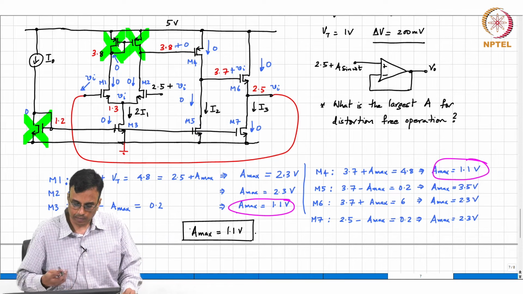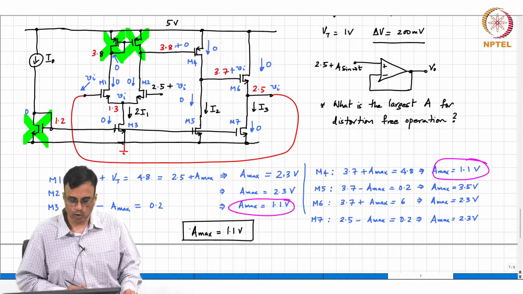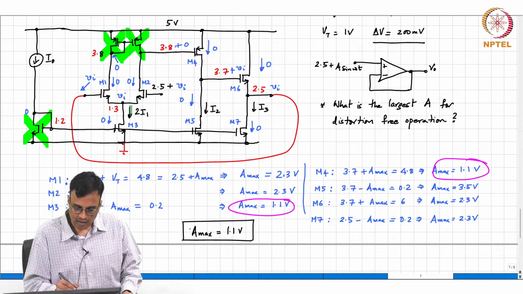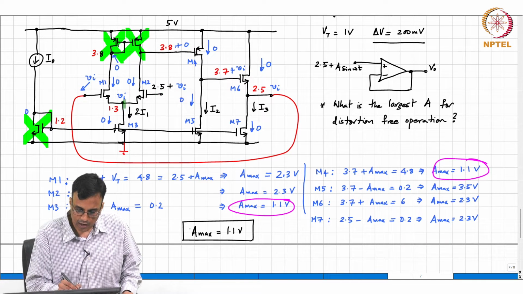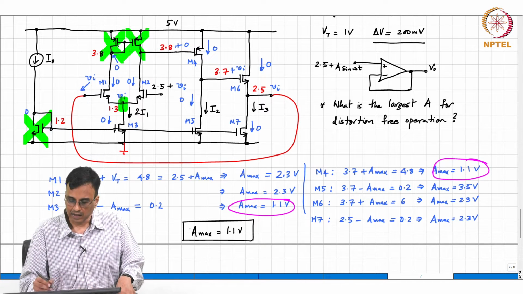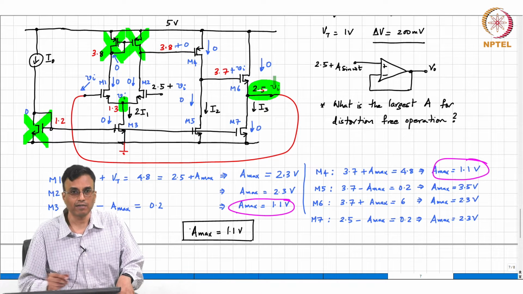For example, we are only interested in the transistor going into the triode region. One thing you can notice is that the voltage at the drain of M3 is 1.3 plus Vi. The other one here is nothing but 2.5 plus Vi, correct.